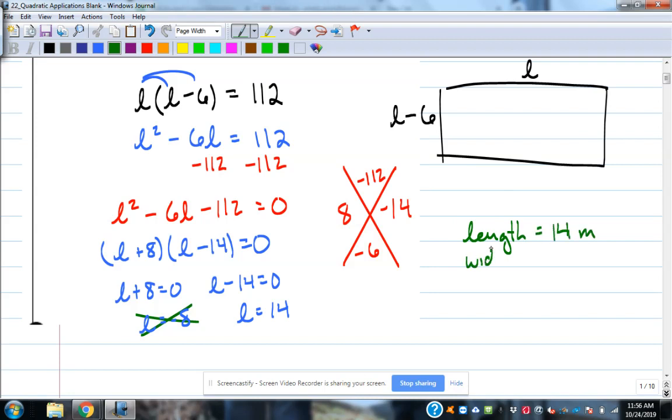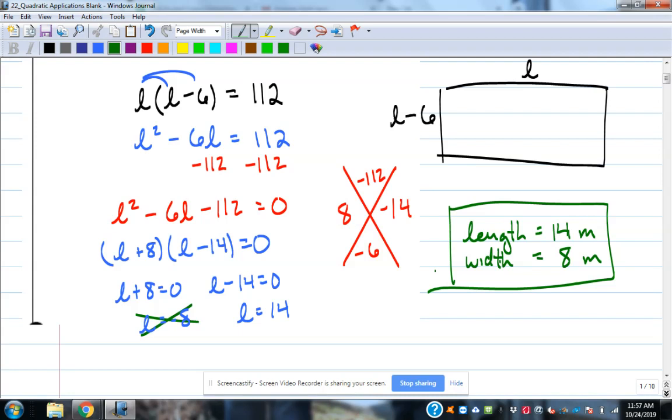The width is how much? 14 minus 6, which happens to be positive 8 meters. So we found the dimensions of that rectangle. It's not so bad. That was said a lot this morning, first block. So where did the square go?